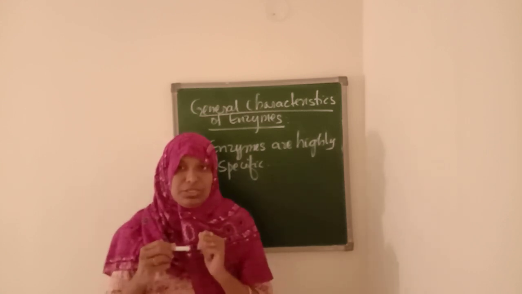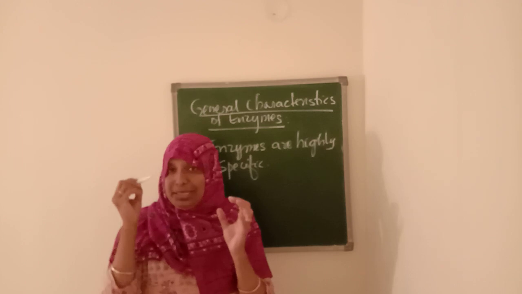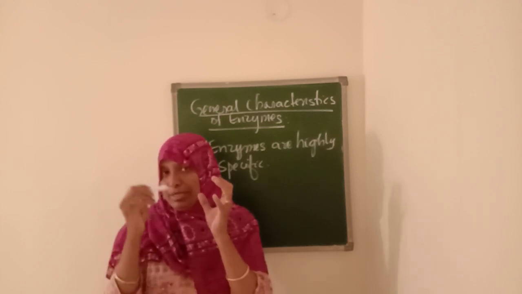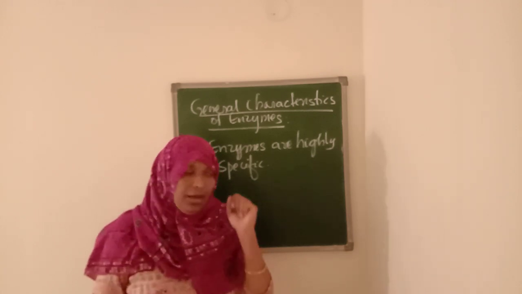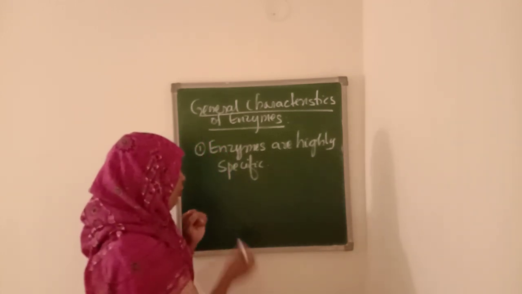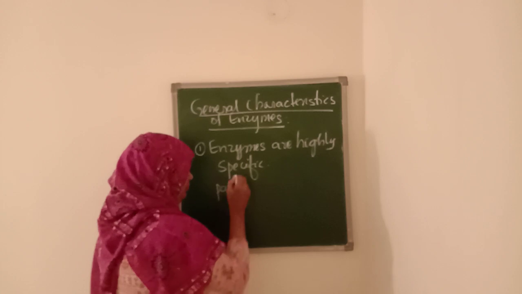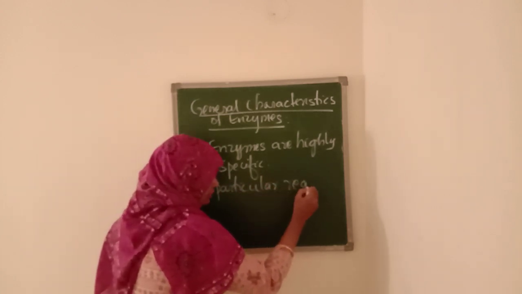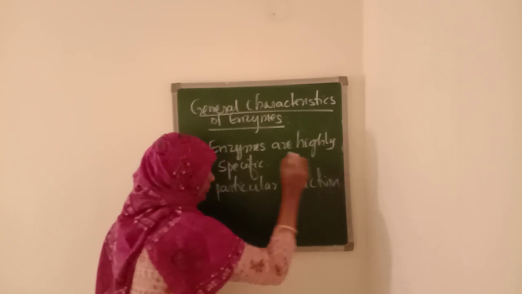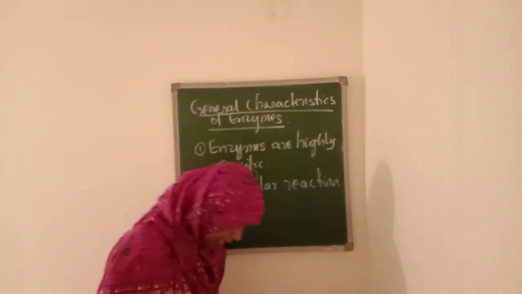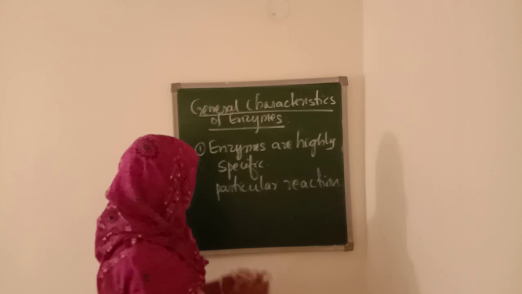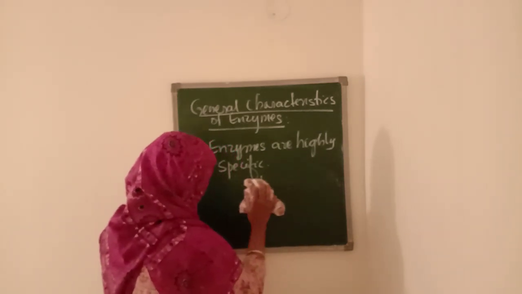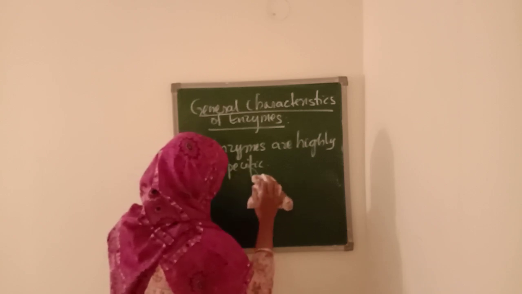Just as a particular lock can be opened only by a particular key, similarly an enzyme can catalyze only a particular reaction. There are various types of specificity that we will discuss later. First, I will just list out the characteristics, then we will discuss them one by one.